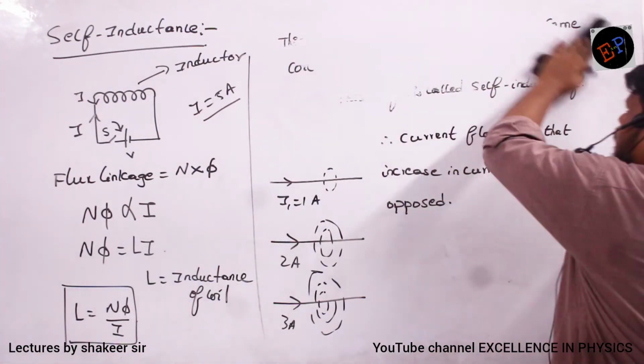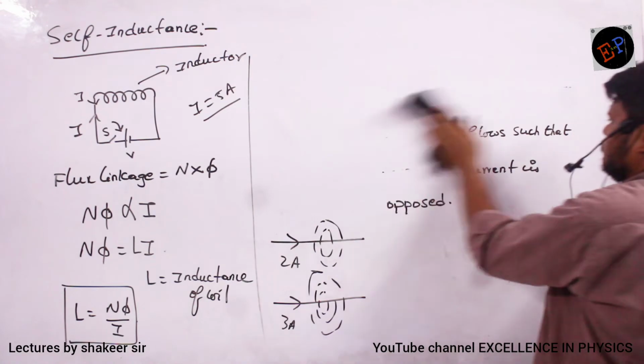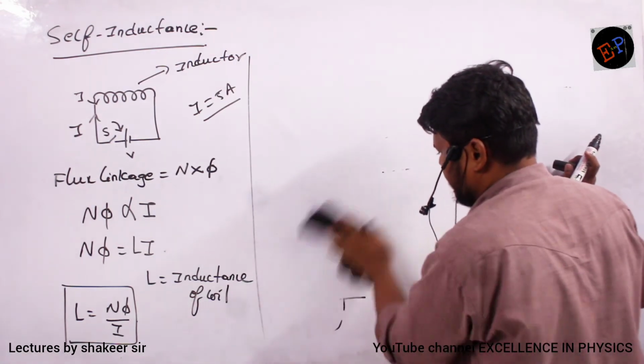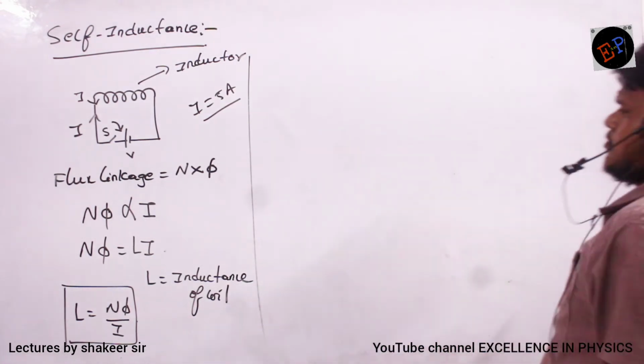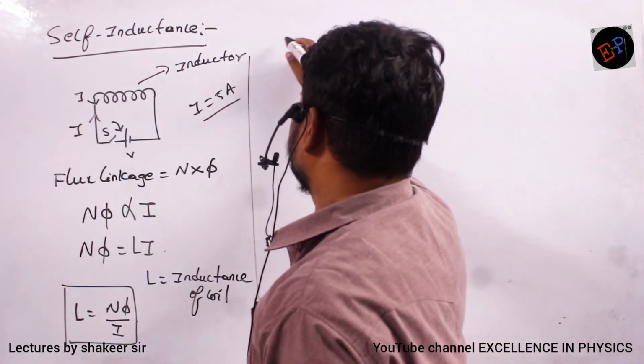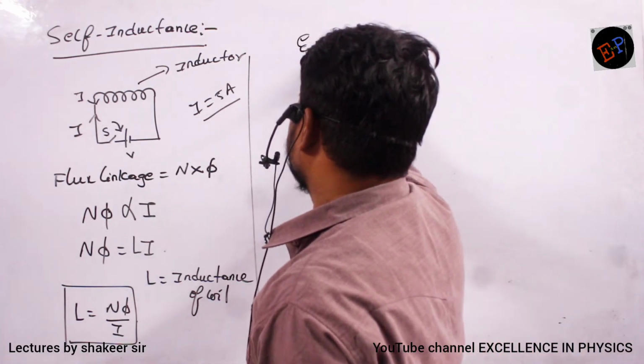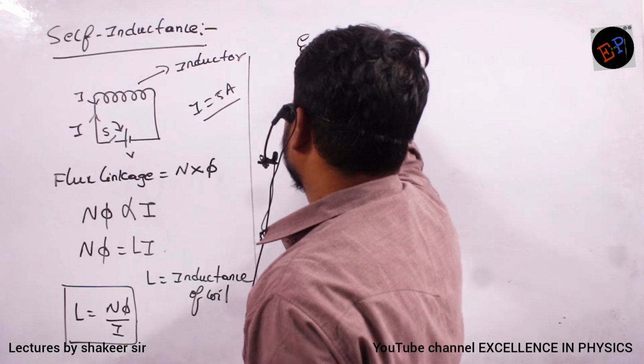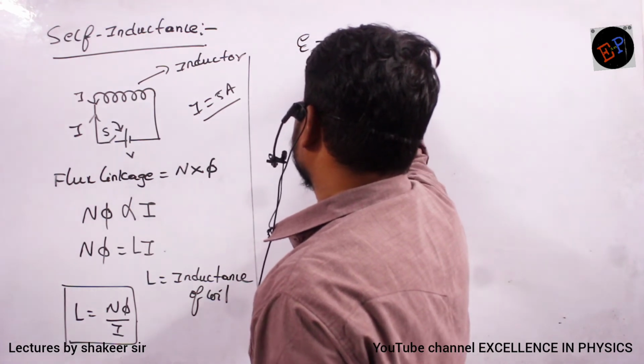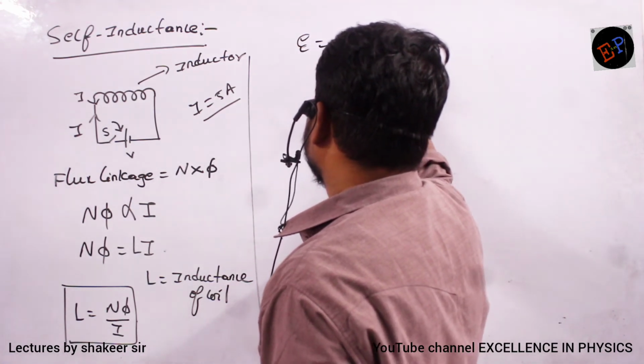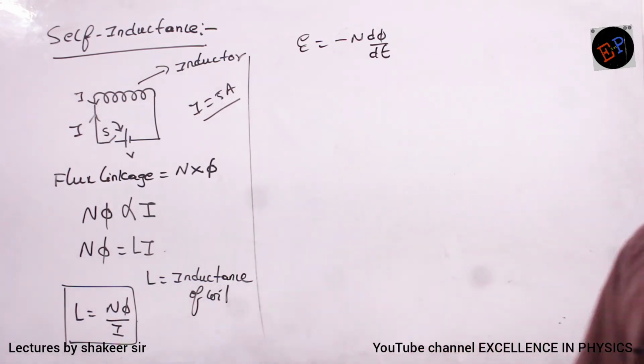Now, what is Faraday's second law? EMF is minus N d phi divided by dt. This is Faraday's second law of electromagnetic induction.